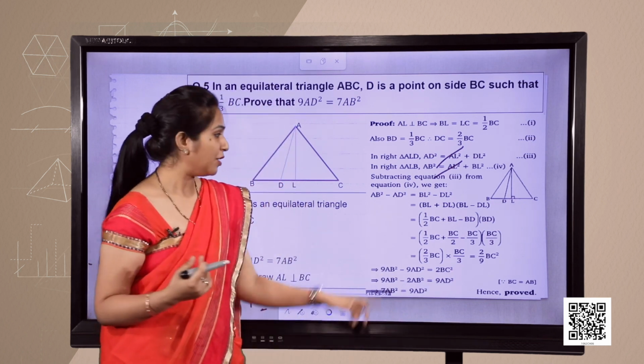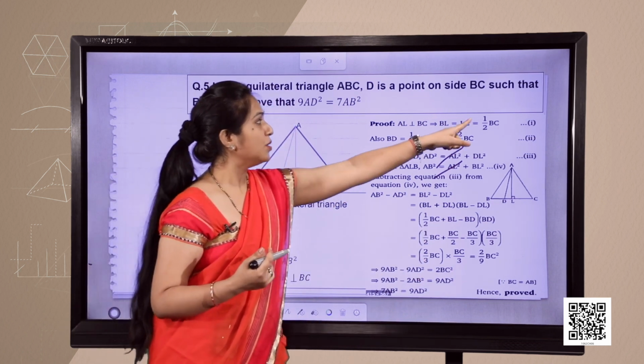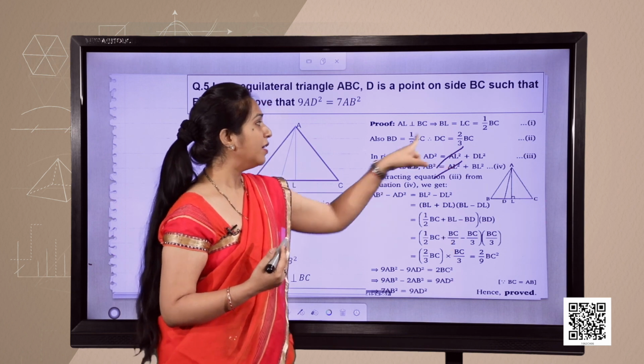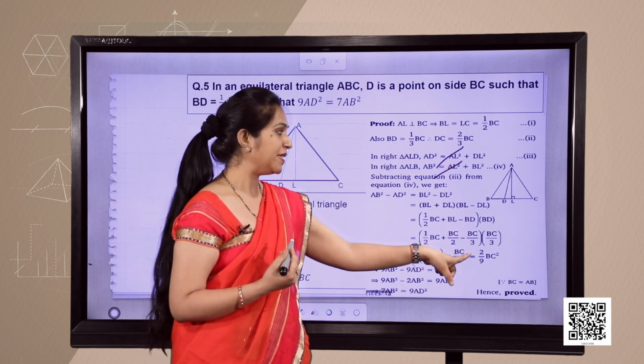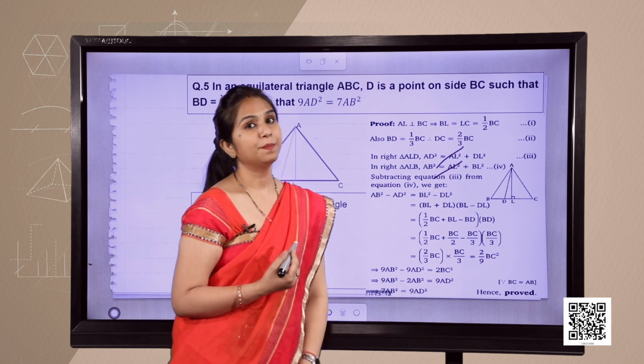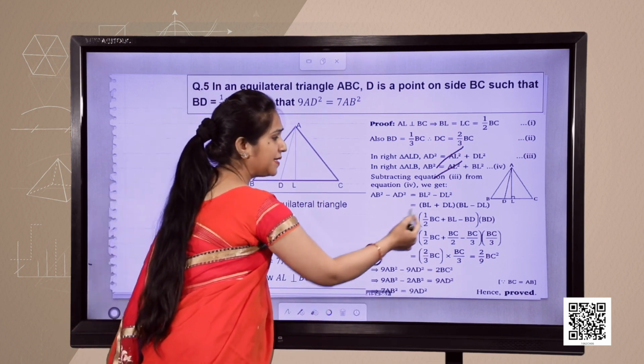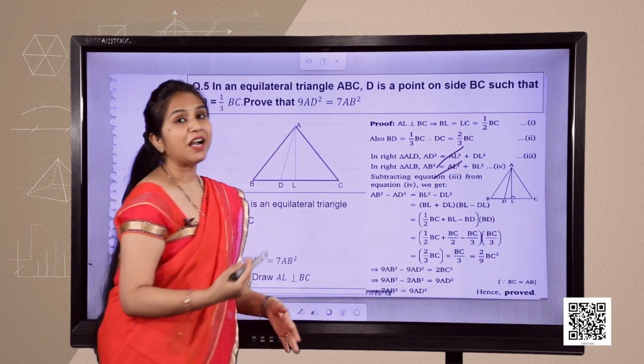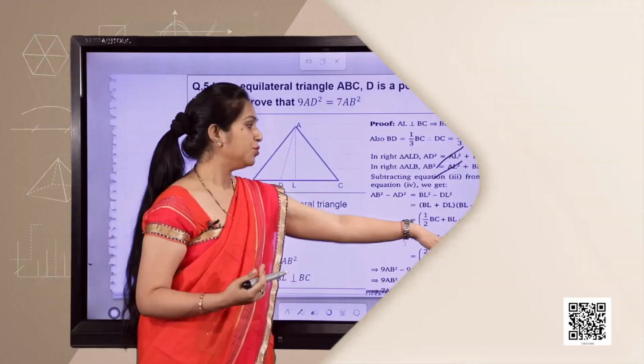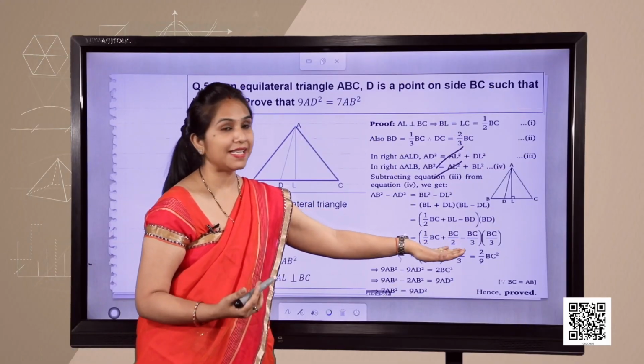Now put the values, this is half BC, BL is also half BC, BD we have already calculated, that is 1 by 3 of BC, BD again 1 by 3 of BC. Now here in this equation children, you have to take the LCM of 2, 2 and 3. The LCM will be 6.